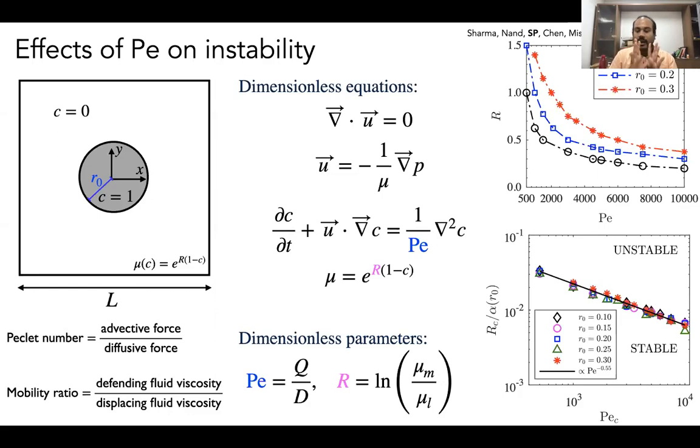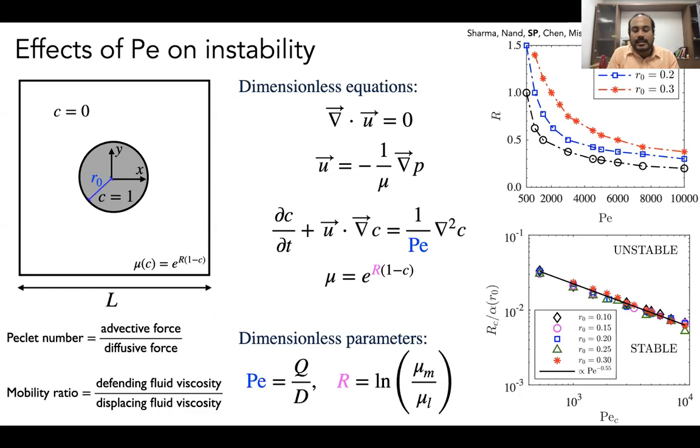So that's the scaling argument we obtain. And in fact, this is a very good match with some of the experimental observations, where the universal scaling is observed to be Peclet to the power minus 0.5. So we are pretty close to that experimental observation with our modeling.